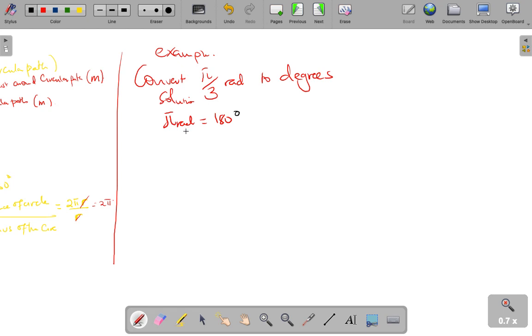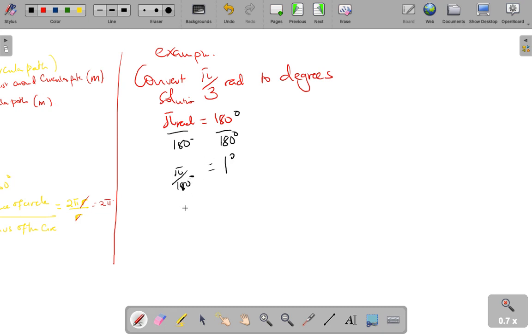You always have to put the rad to show that this pi is not the 3.142 that everyone is used to. So if we need to know how many radians are in 1 degree, we divide by 180. So 1 degree is pi over 180 rad.